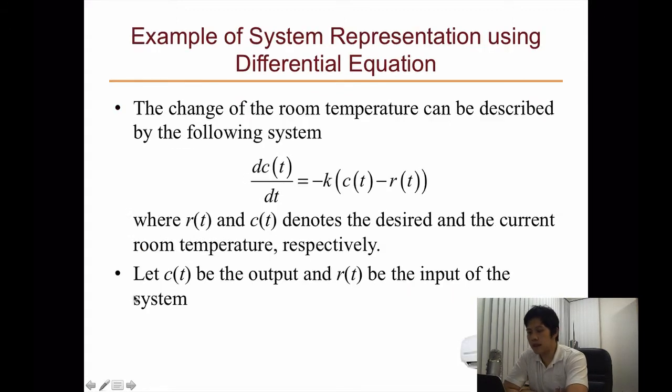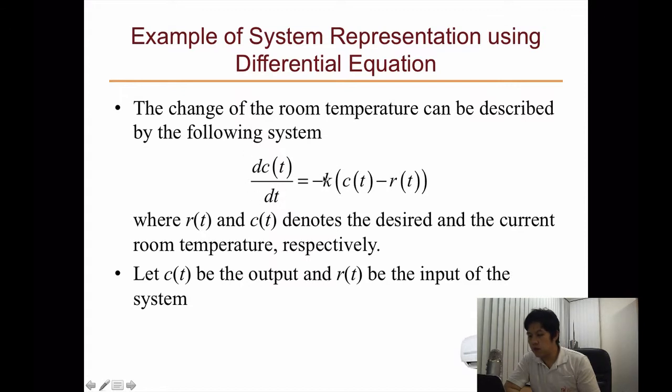Let's look at this example of system representation using a differential equation. This is the example that I talked about earlier. We can represent the air conditioning system like this. If we let r(t) and c(t) denote the desired and the current room temperature, the change dc(t) is the change in the actual temperature.